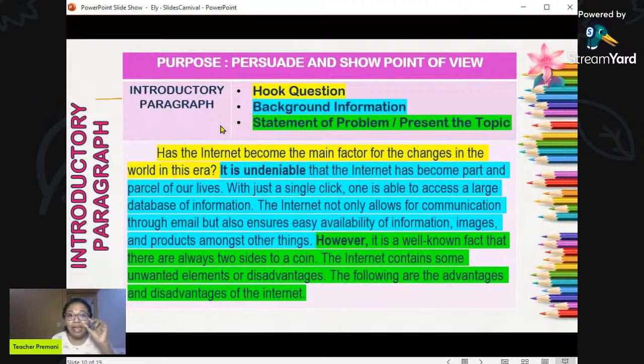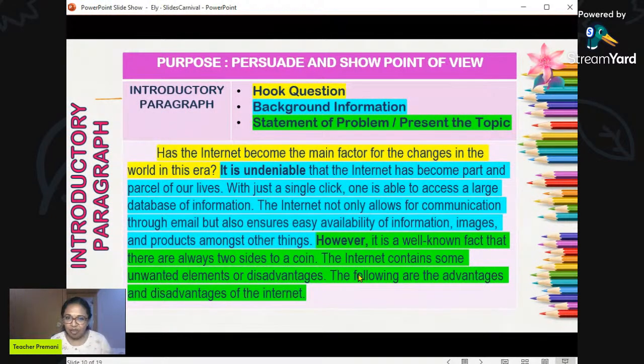Any simple sentence that describes the topic will be good enough. Whoever watches this lesson, I want you to first gain your confidence. If you don't have the confidence, definitely you cannot step forward. So first, once you have the confidence, then the rest will follow.